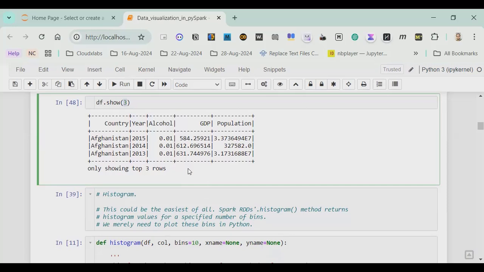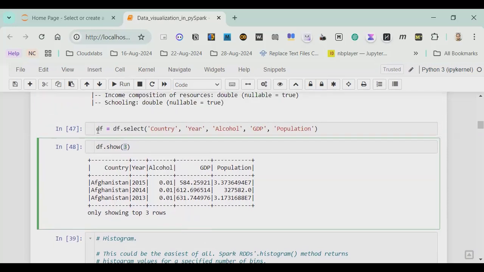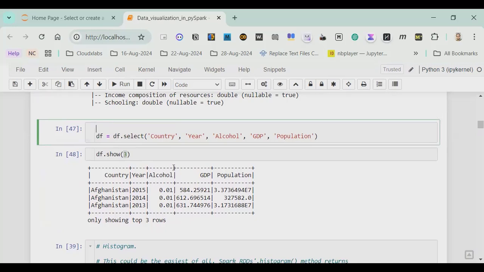We have already done this in Pandas, if you remember. In Pandas, DF is there, and we use loc with square brackets, then a comma, and the same columns can be taken like this. Close the square bracket and put a colon.